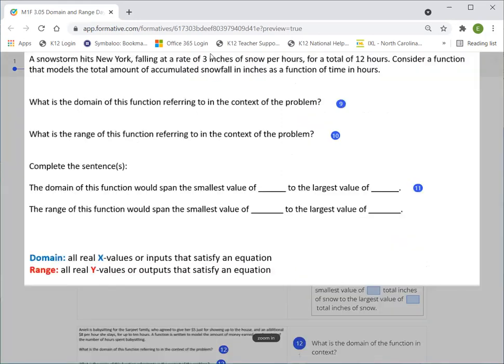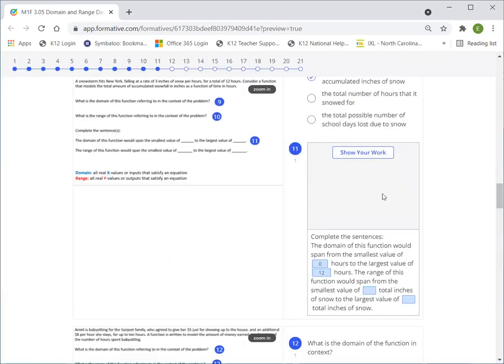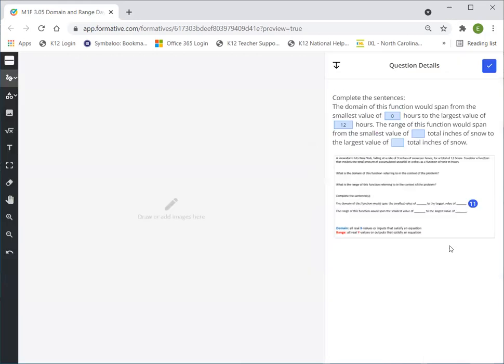And it says the rate is 3 inches per hour. So if I'm looking at my snow, we would want 3 times our lowest number, which is 0, which gives us no snow at all.